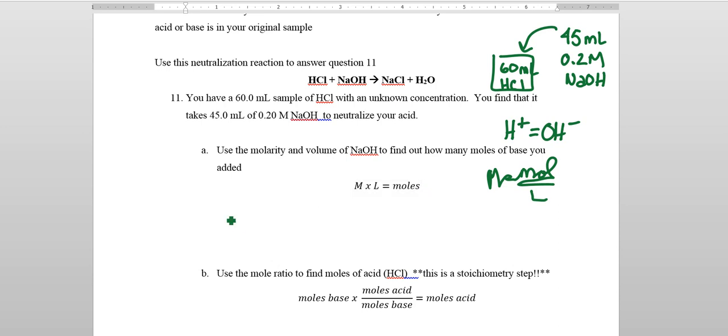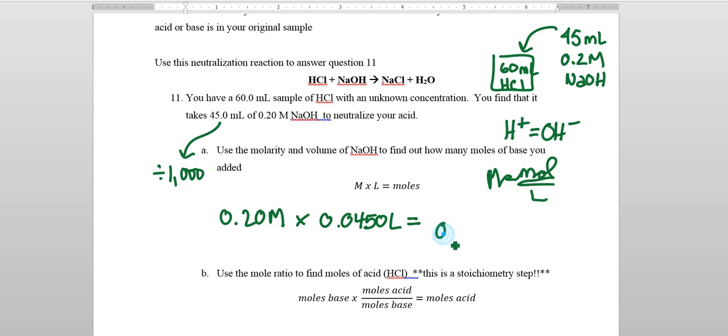We had 0.2 molar base, and we had 0.045 liters of base. I'm going to take the milliliters and divide by 1,000 to get liters. Then we plug that in our calculator: 0.2 times 0.045. That means we've added 0.009 moles of NaOH. Okay?